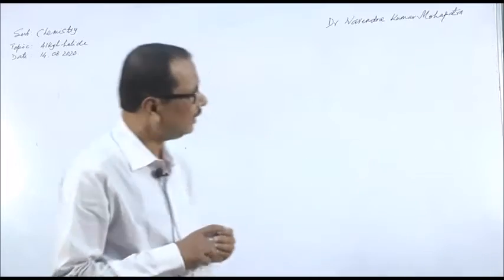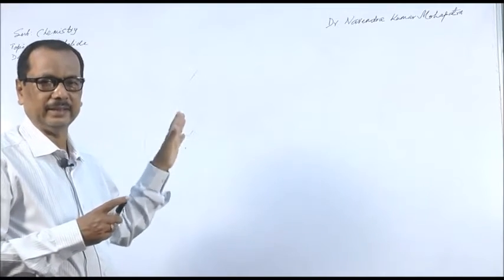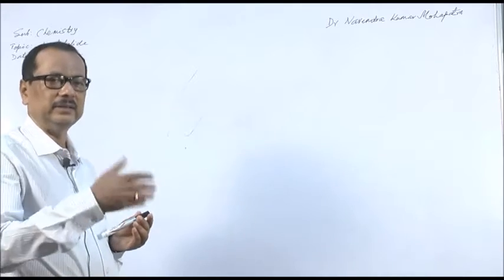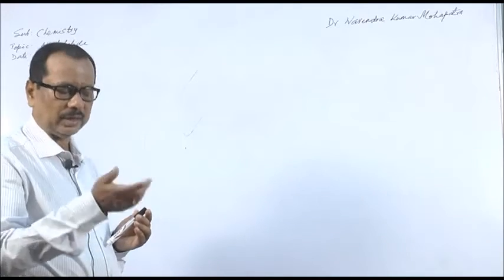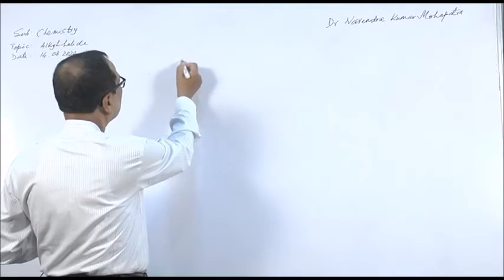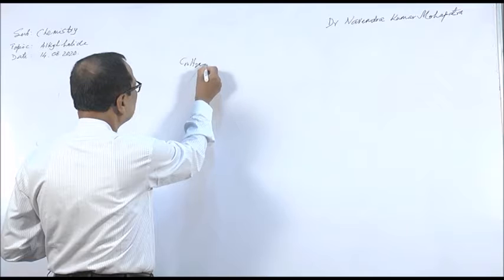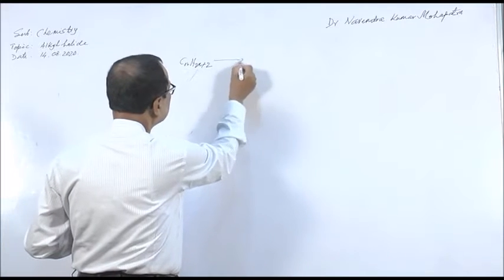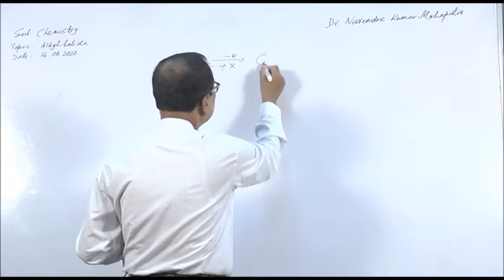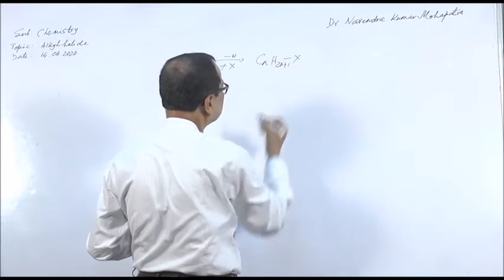Therefore, alkyl halides are derivatives of hydrocarbon, alkane, where one of the hydrogen atoms is replaced by one halogen atom. CnH2n+2 minus hydrogen plus X gives CnH2n+1X.